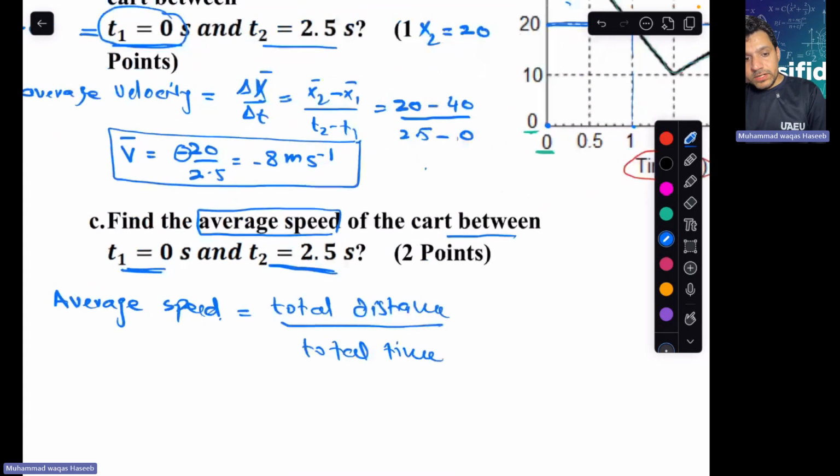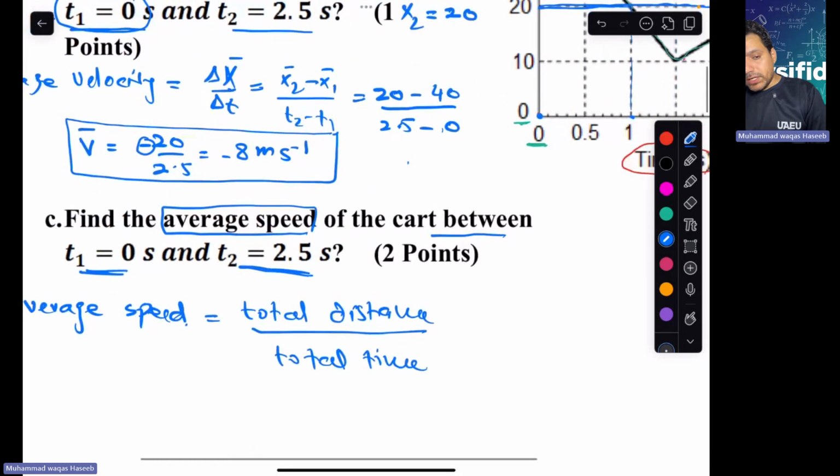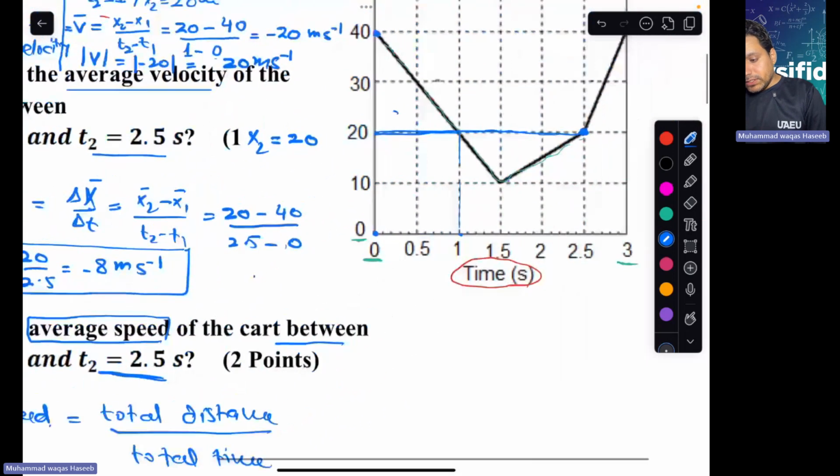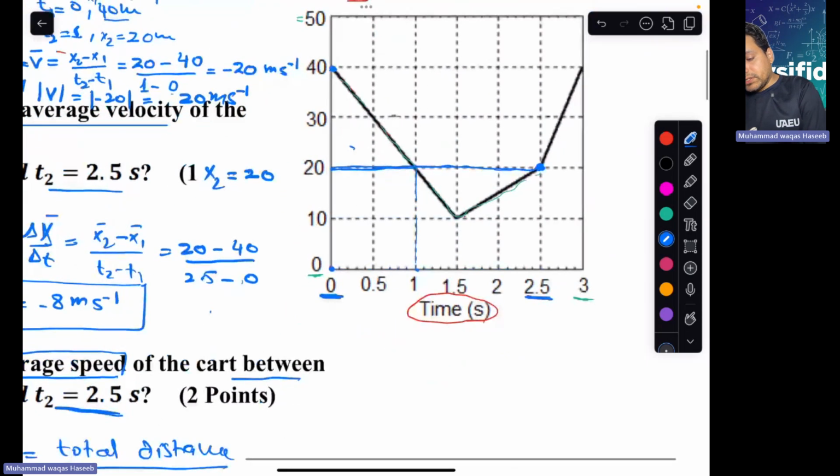So the total distance divided by the total time. So what is the total distance traveled between 0 and 2.5? We can calculate the total distance.